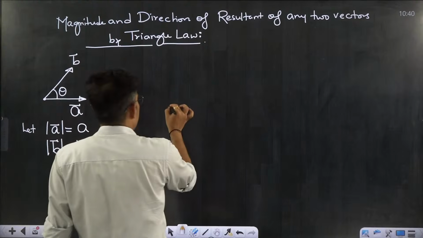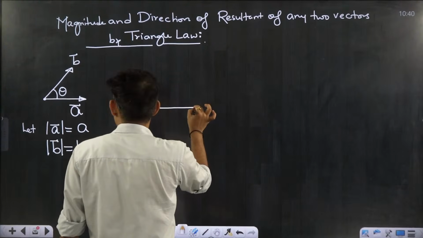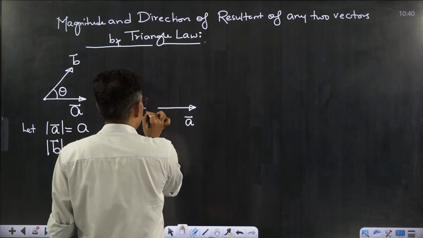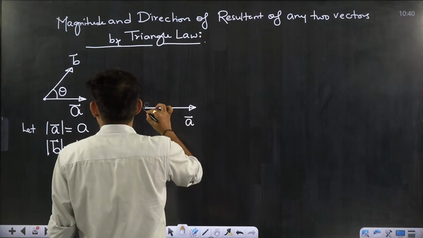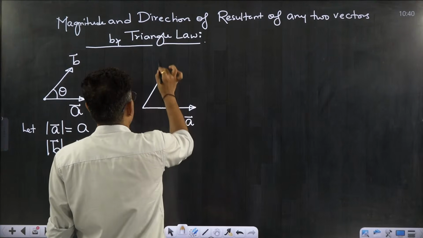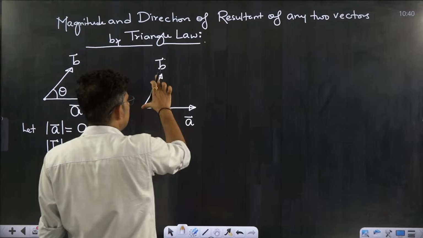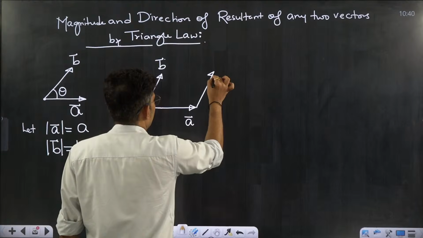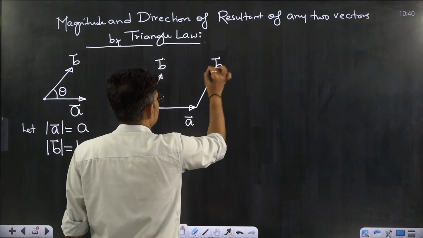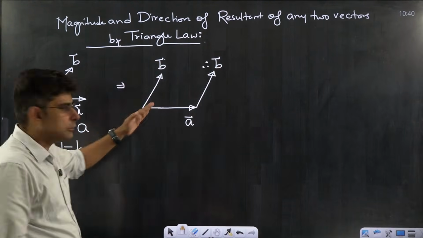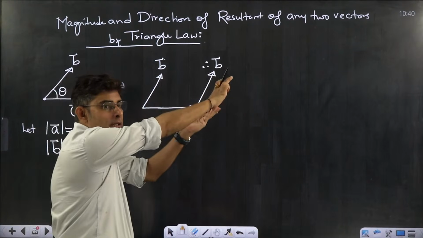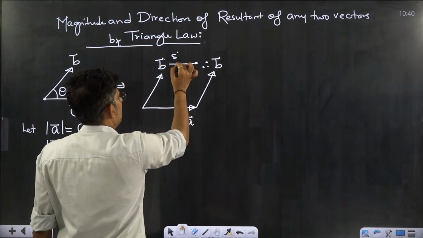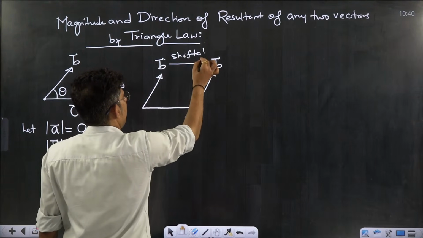So if I redraw the diagram, this is a vector, just see how I am redrawing it. This was B vector. Now I can shift this B vector here also. I told na, you can lift a vector and keep it parallel to itself. I have shifted it to a new position.